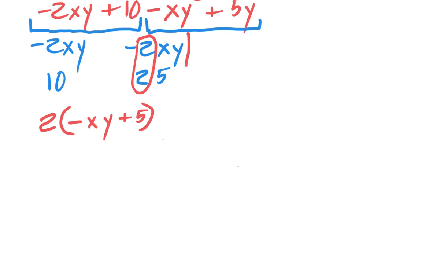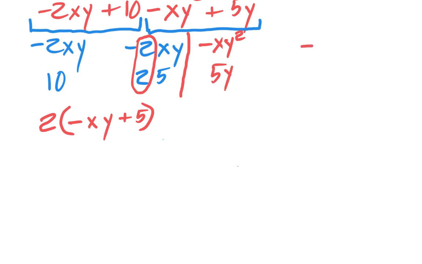Now let's do the negative xy squared and 5y. Okay, so, negative xy squared. So what are my factors of, make that actually look like a y squared? Y squared. All right, what are my factors?